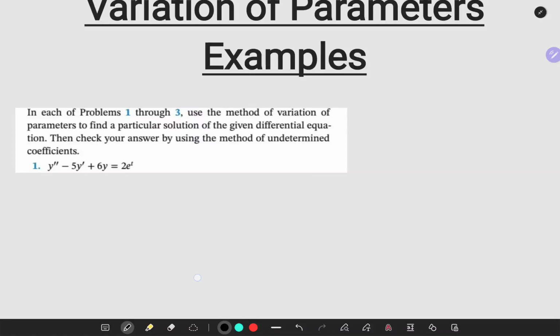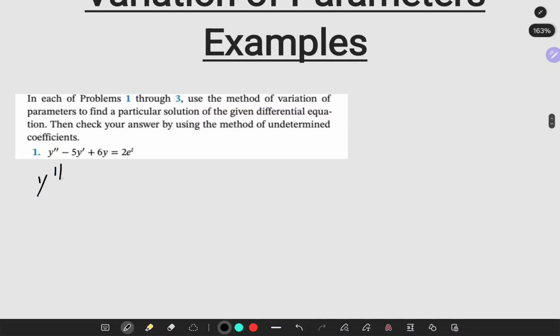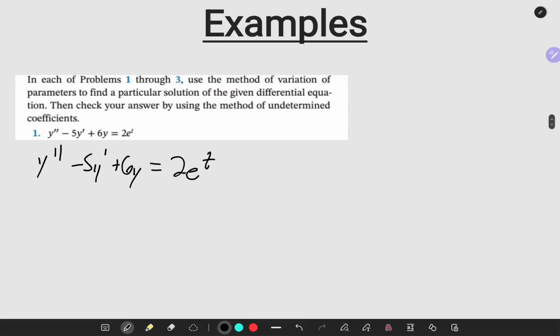So let me rewrite this down. We have y double prime minus 5y prime plus 6y equal to 2e to the t. Let's remember we substitute.